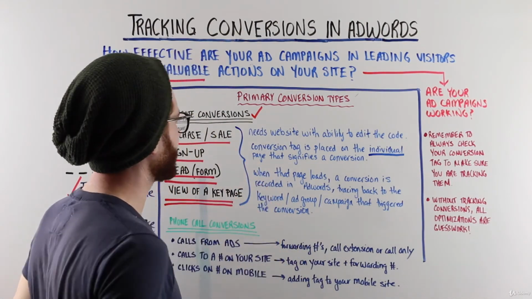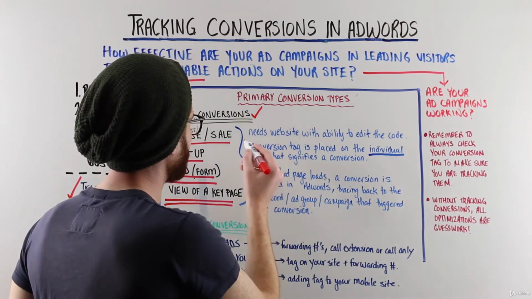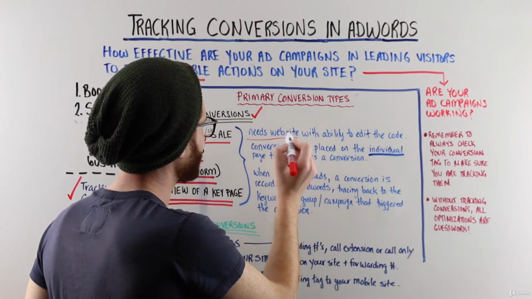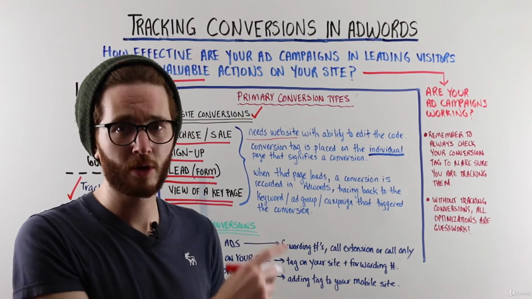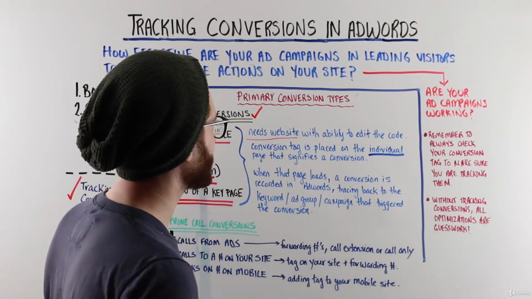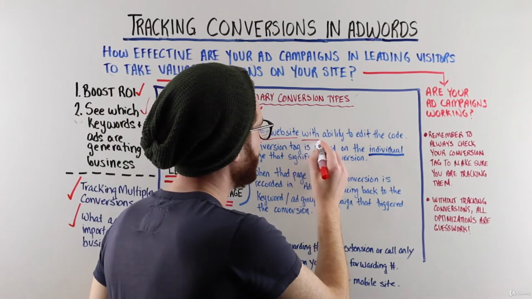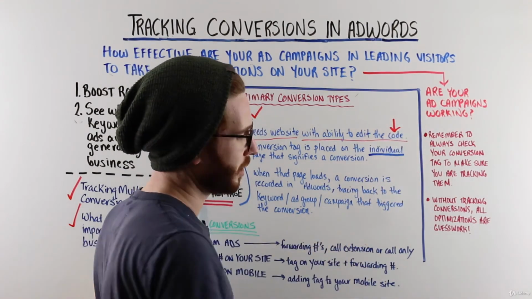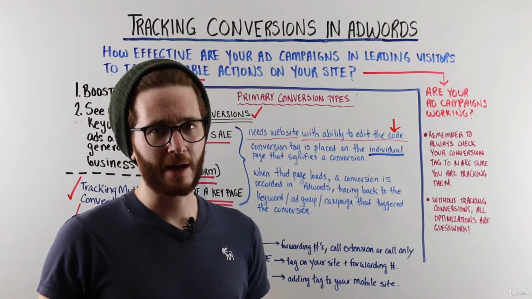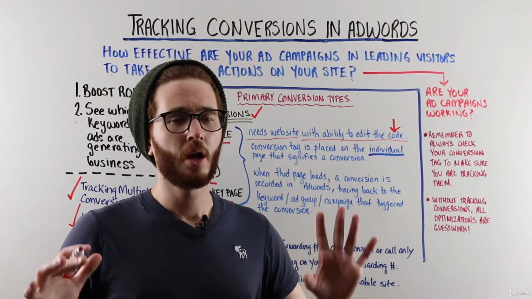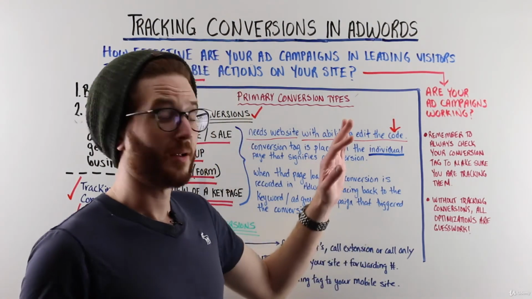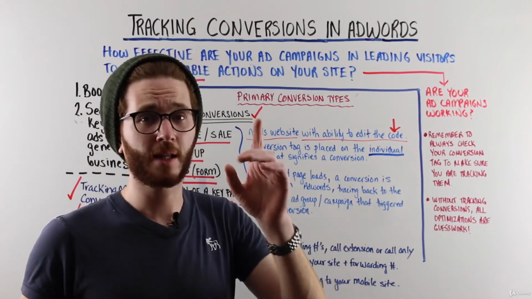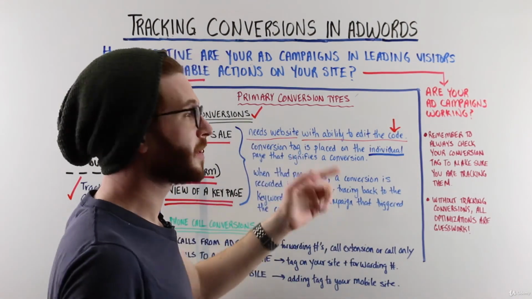To set up any of these types of conversions, you need a few things. You need a website. Now, I might not have had to say that. It's probably self-explanatory, but keep that in mind. Most importantly, you need the ability to edit the website, specifically editing the code. Now, I don't want you to get all nervous about code. Relax. 9 out of 10 of you, and most likely you, are going to be able to do this yourself.